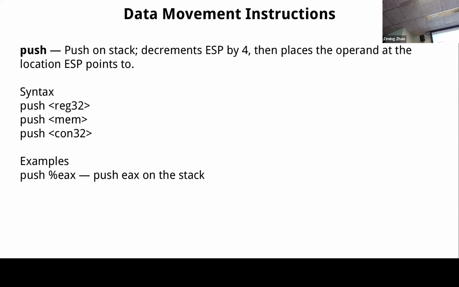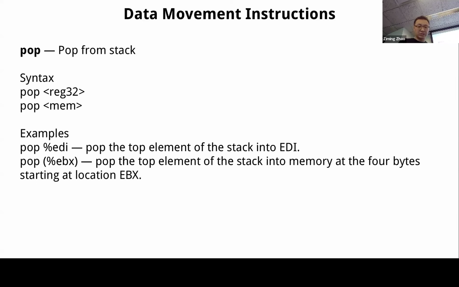Even though when you look at this instruction you do not see ESP appear in any part of it, it's implicit there. When you push something, you are going to push it where ESP is at. So when you push EAX, you are putting the value of EAX onto the stack, and you are not changing the value of EAX.